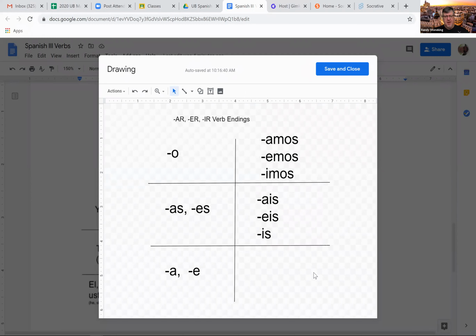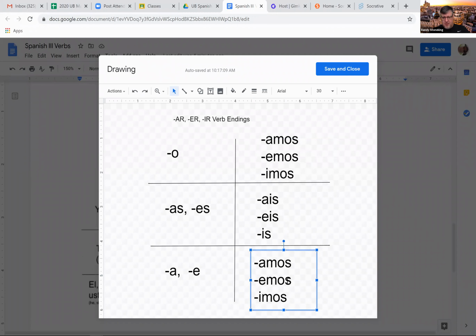And then the last set are ellos or ellas or ustedes, our endings. We only have two distinctions there for that one again. So it's either AN or EN.